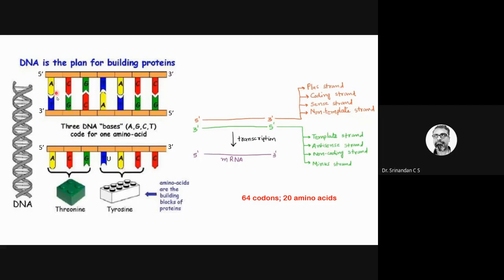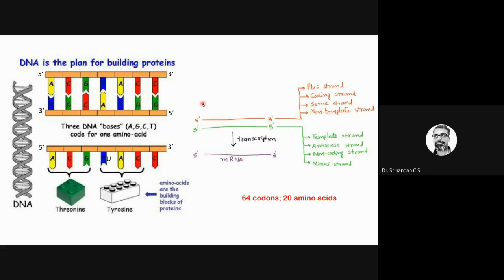But the only thing is, in between, from the DNA, the information is transcribed into RNA and thus translated into protein. Nevertheless, in DNA, we only have to know some biological terminologies to not get confused.